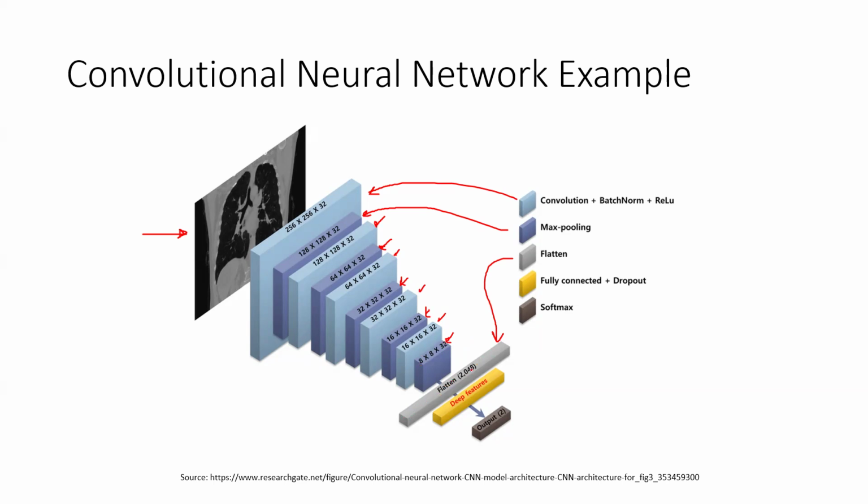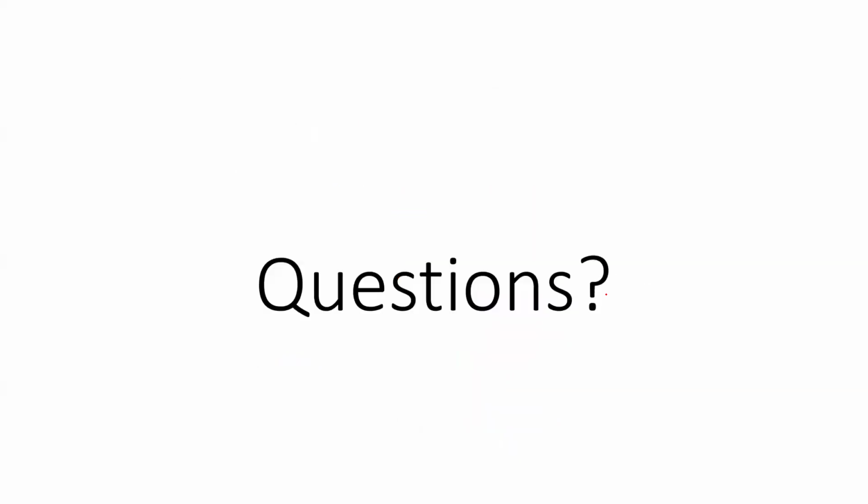From this vector you can apply the fully connected layer with dropout regularization, and finally a softmax layer for classification. This is a sample convolutional neural network. Okay, that is all for today, and if you have any questions you can ask.